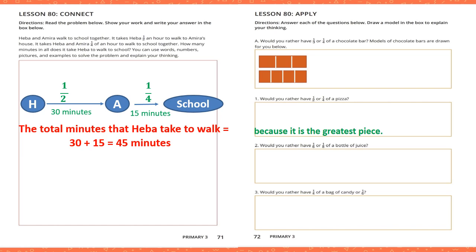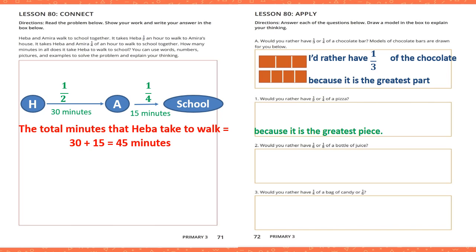So we call this a crazy fraction. So I'd rather have a third of a chocolate bar because it's the greatest part.